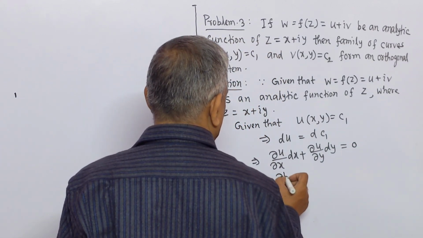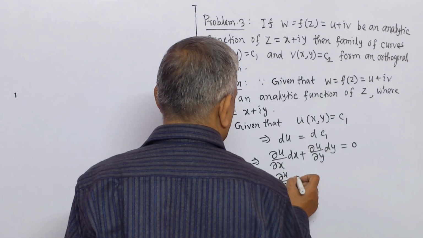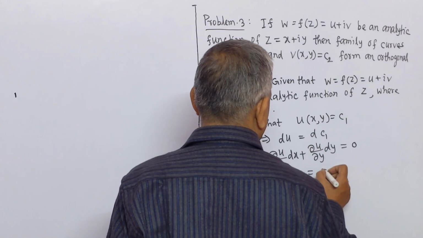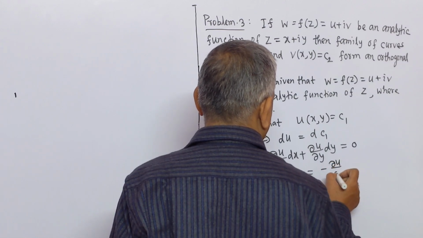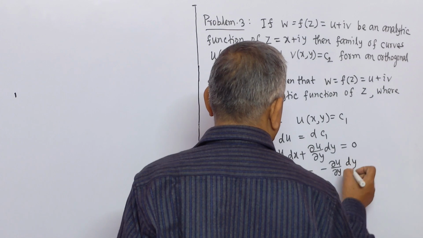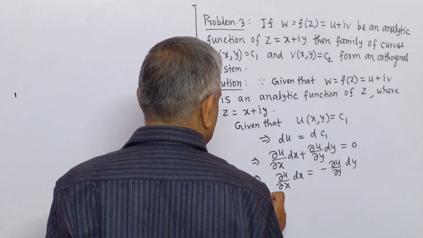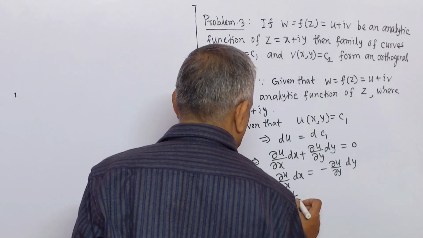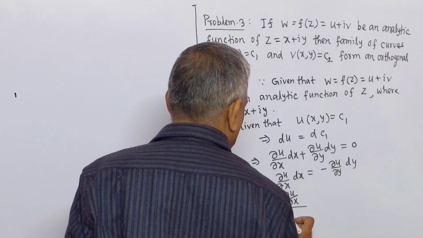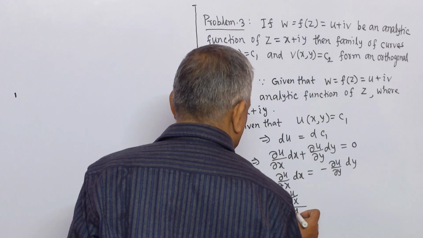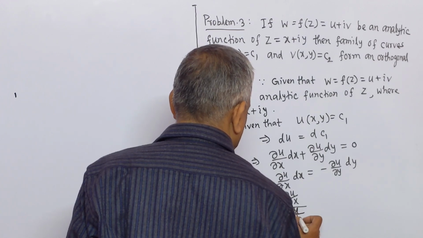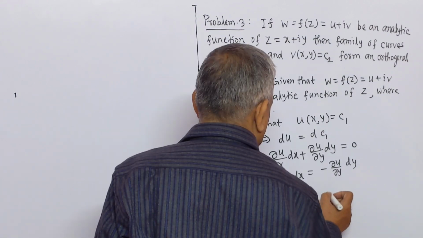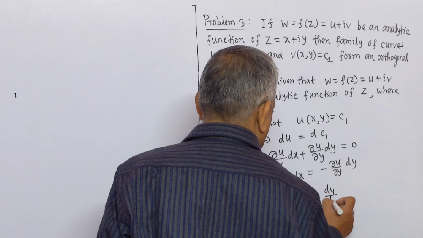implies that del u by del x dx equal to minus del u by del y dy, implies that minus del u by del x by del u by del y, negative sign, equal to dy by dx.